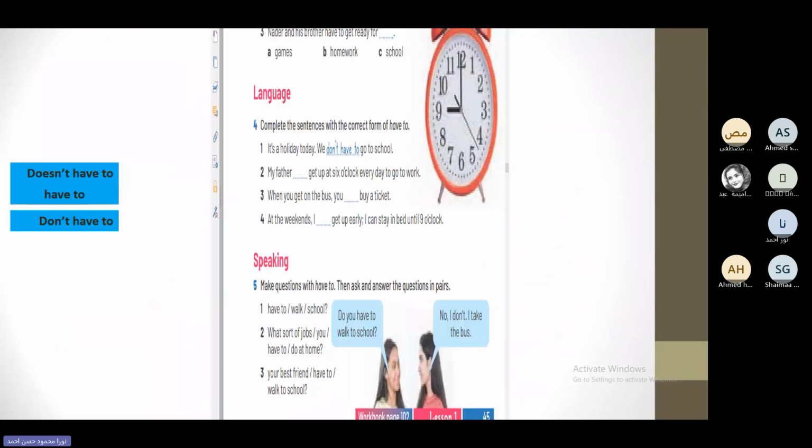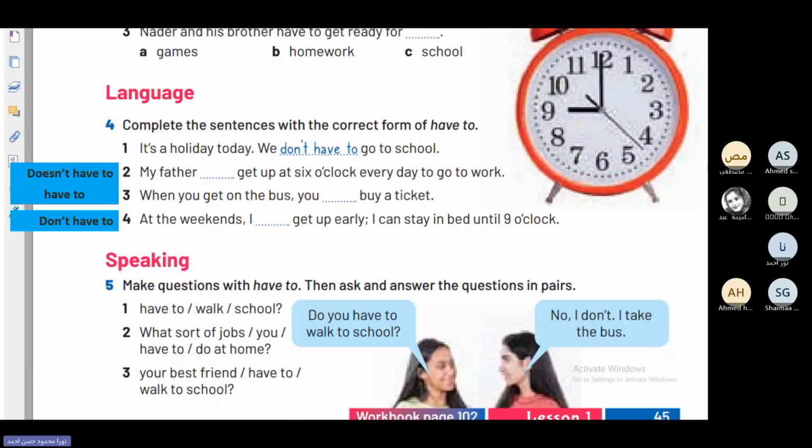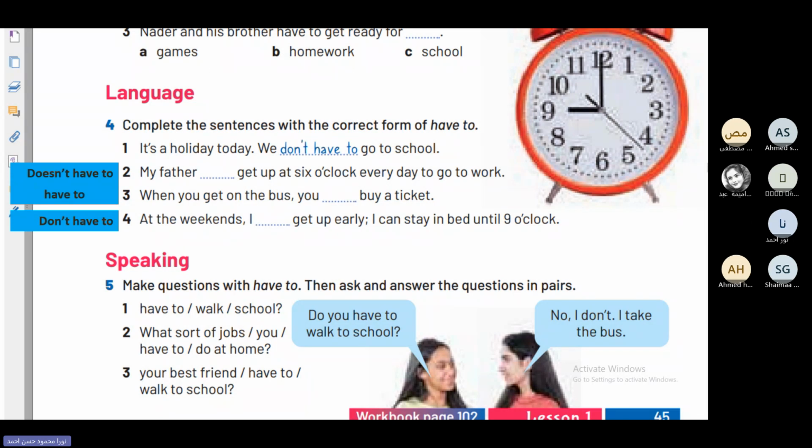What about some practice? Are you ready for some practice? Okay. So complete the sentences with the correct form of the verb have to. So we put have to or has to, or maybe in the negative form, don't have to or doesn't have to. Let's read number 1.